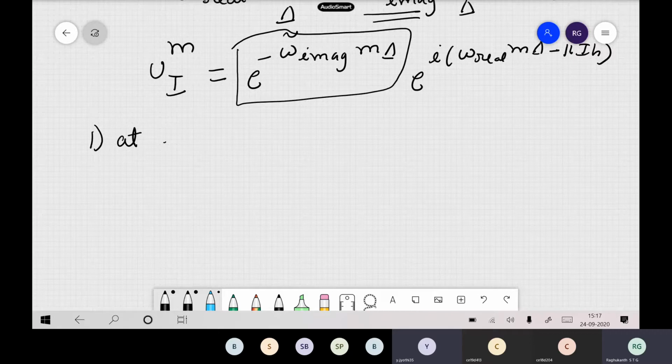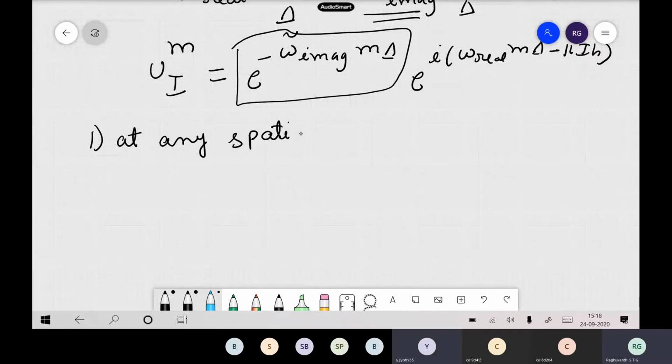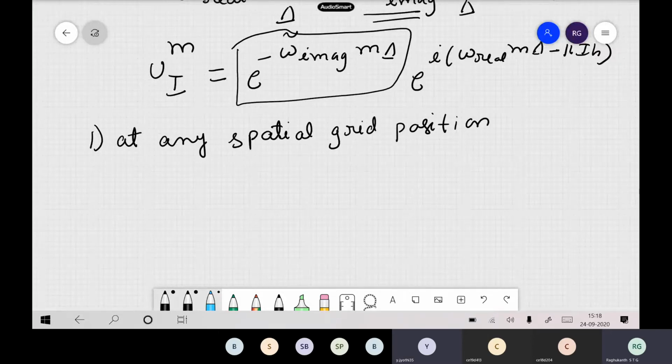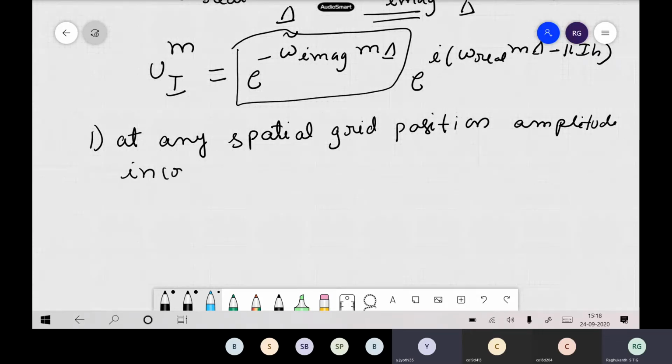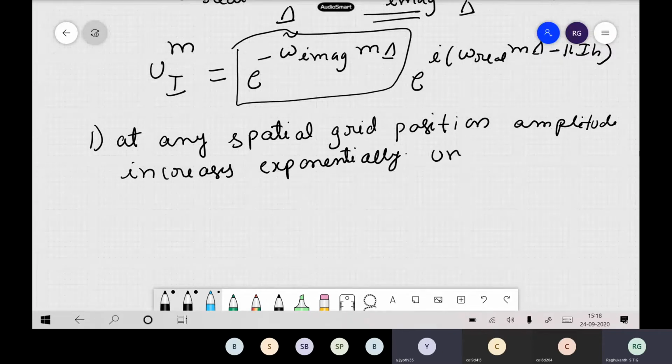At any spatial grid position, it is unstable. The amplitude increases exponentially with time. So this is an unstable scheme.